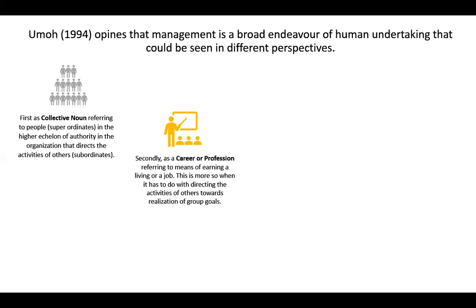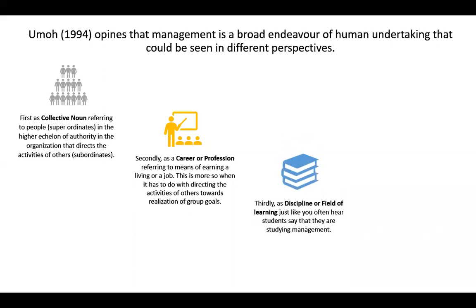So you may have some people in this first perspective, the collective noun, management, and nobody there started a career in management. So who are the people in this second perspective? These are the people we call management trainees. You are being groomed to be a manager later in your career.